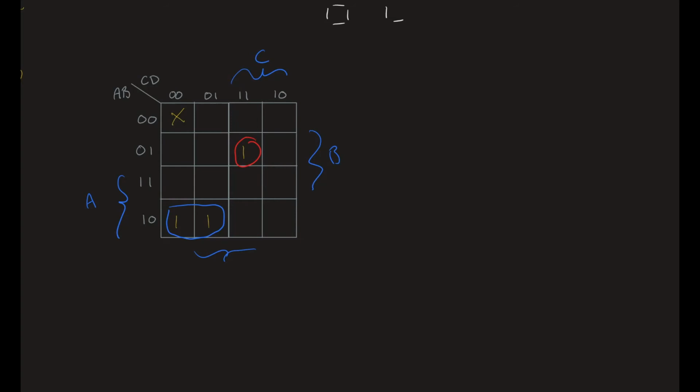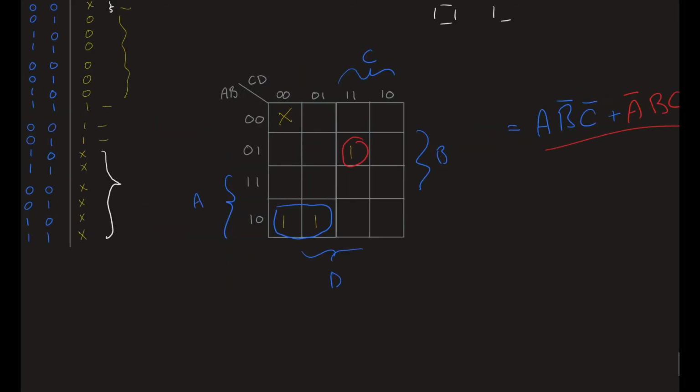Our first group, the blue group at the bottom, would be inside of A, outside of B, outside of C, and crosses D. And the red group would be outside of A, inside of B, inside of C, and inside of D. So that would be our equation.